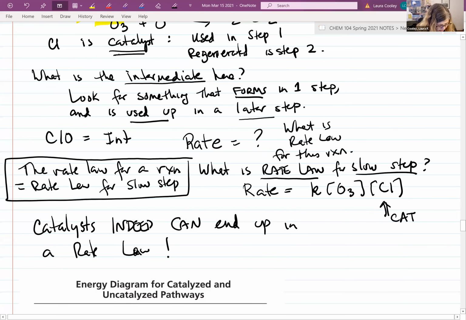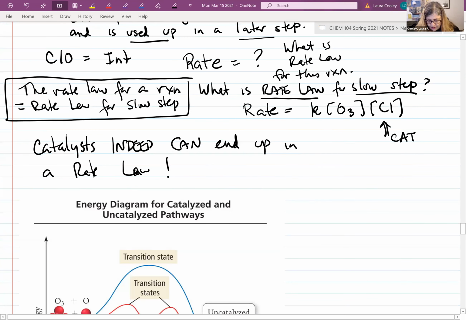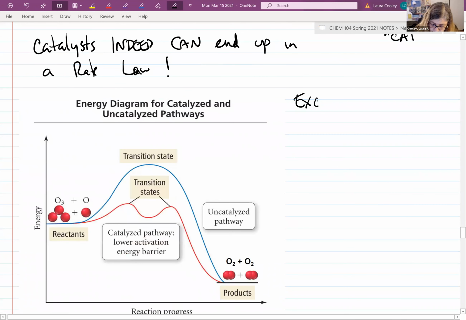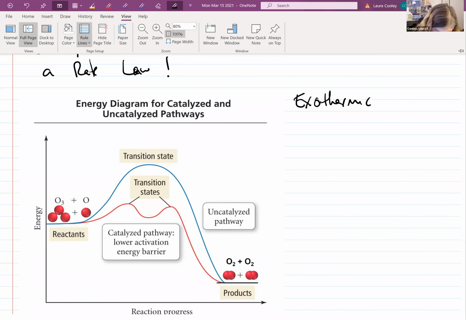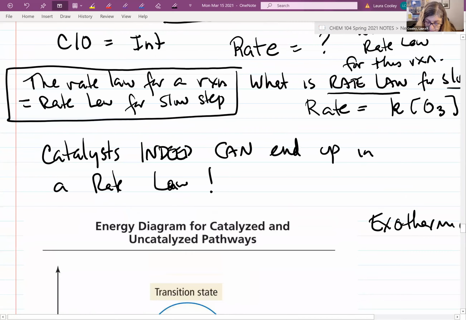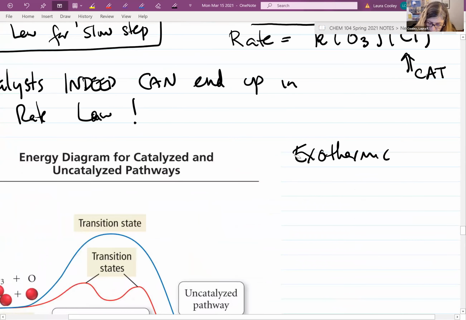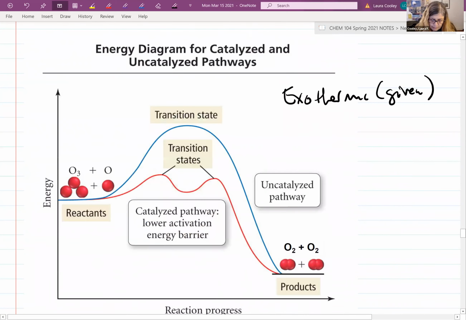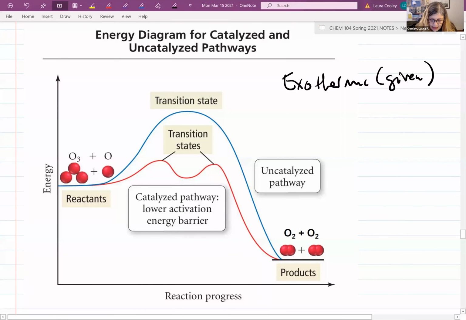So, okay, here is a diagram for this reaction. Now, this is an exothermic reaction. You would have to be told that. You couldn't figure that out just by looking. So you'd have to be given that. Okay, so what this is showing is what the reaction profile looks like without the catalyst.